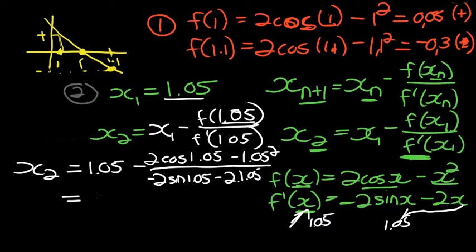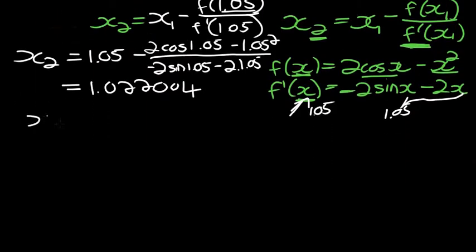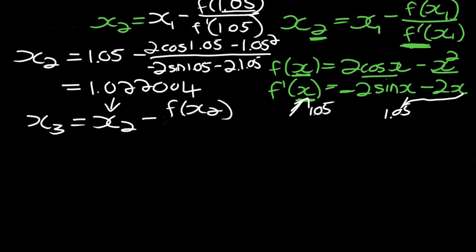The answer you will get for x2 is 1.022004. Now to get x3, what do we do? Well, to get the next number, you must take the previous number, which is the x2 we got there, minus f at x2 over the derivative at x2.